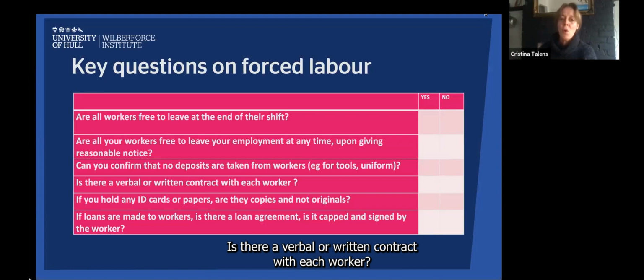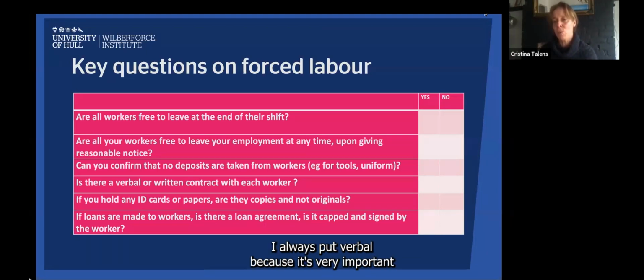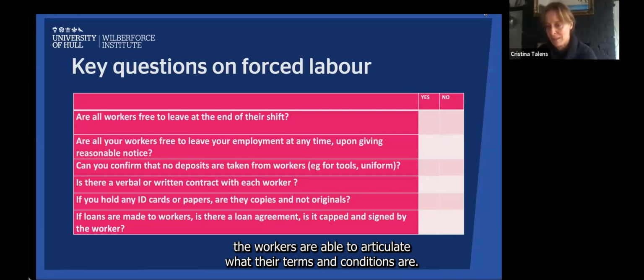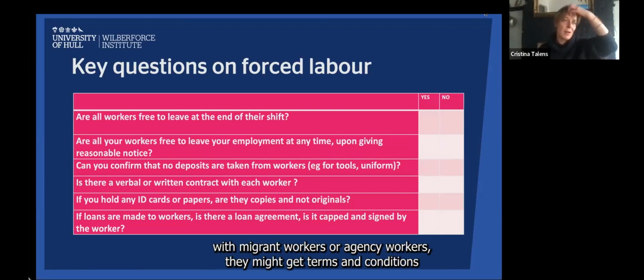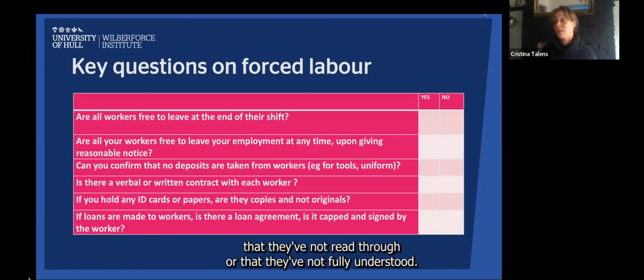Is there a verbal or written contract with each worker? I always put verbal because it's very important that workers are able to articulate what their terms and conditions are. So often, and this happens a lot with migrant workers or agency workers, they might get terms and conditions that they've not read through or that they've not fully understood.